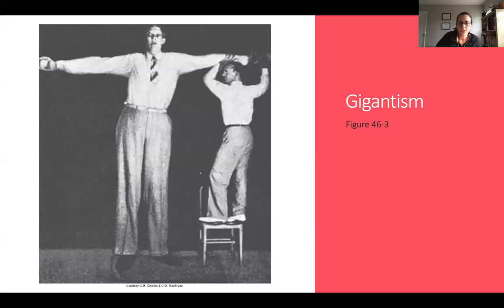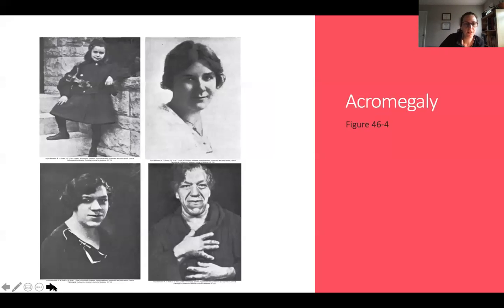And then in contrast, you have acromegaly. So this is the same person as she aged. You can see that her face is pretty normal. And then you start seeing her facial features get really wide, her jaw gets wide, and her hands are really big. So that's the difference there. It's not proportional growth.